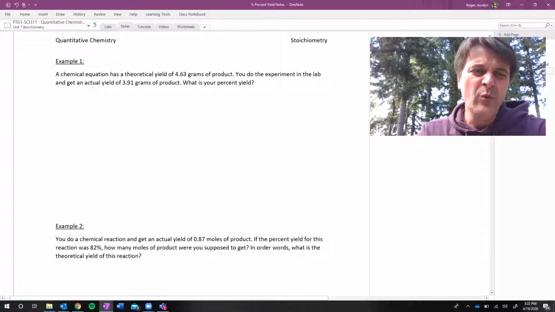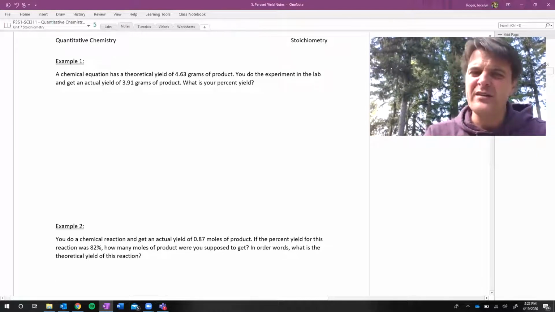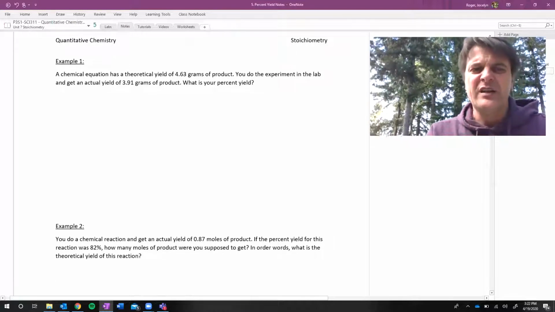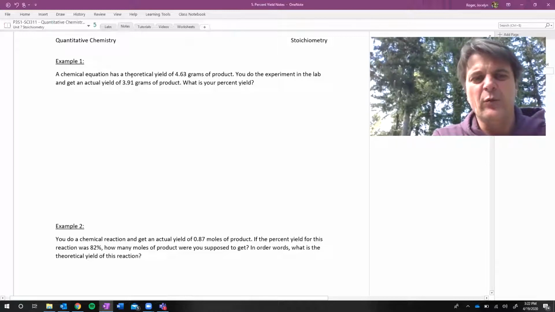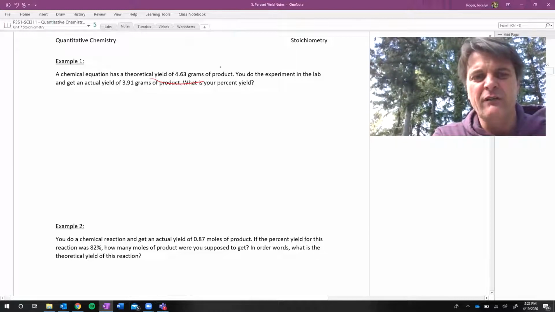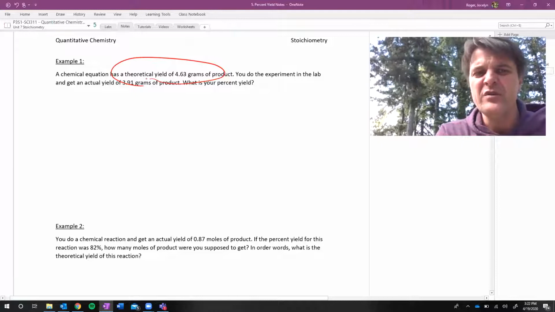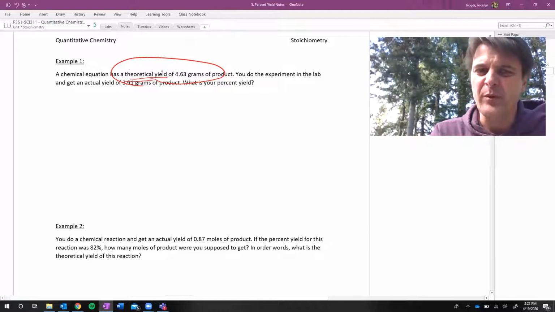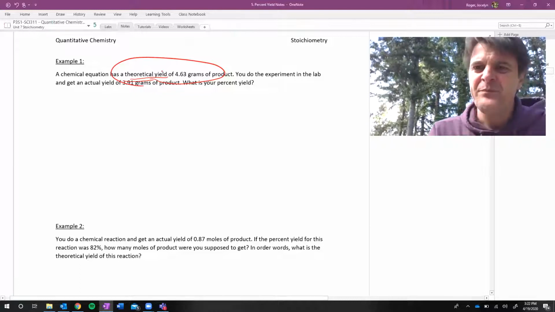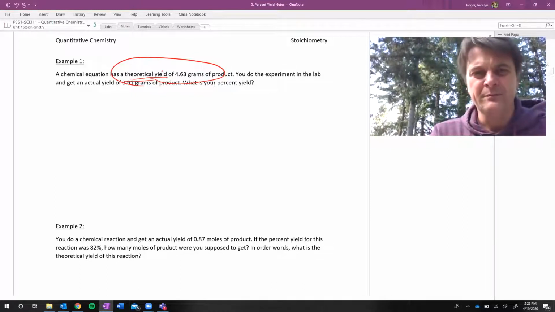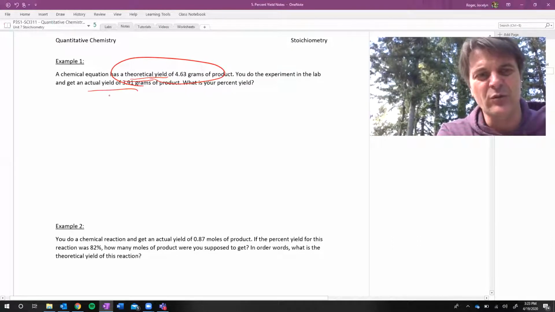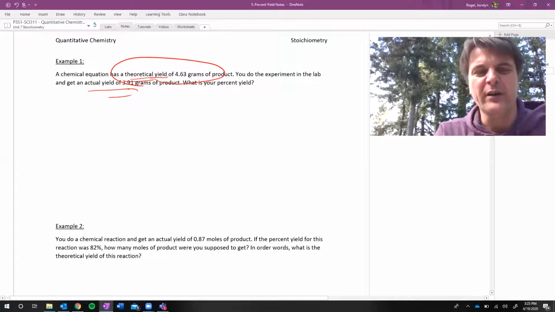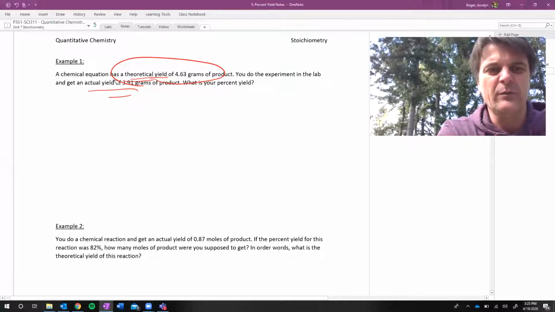So example number 1 here is just a practice using the equation. It says that we have a theoretical yield of 4.63 grams. Again, that is based on calculations on paper. In theory, this is how much we could make. You do the experiment in the lab and get an actual yield of 3.91.